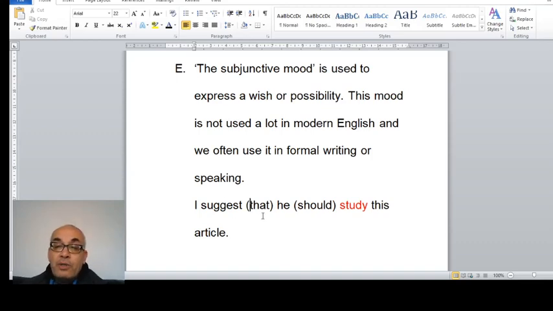So it is correct to say, I suggest that he should study his article, or you can say, I suggest he study his article. It is possible to delete that, it is possible to delete should, and this is what we call the subjunctive mood. This means the verb is used to express a wish or possibility or suggestion or demand.